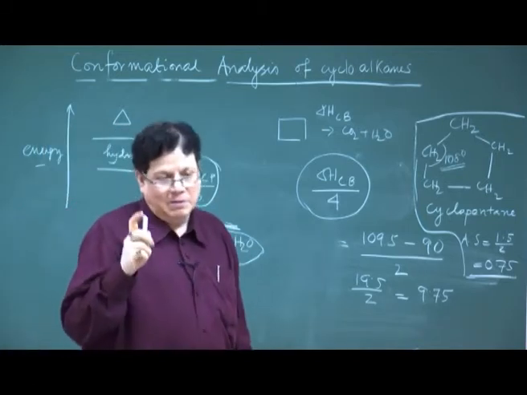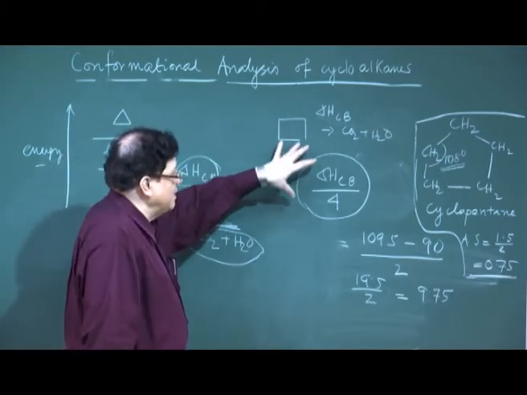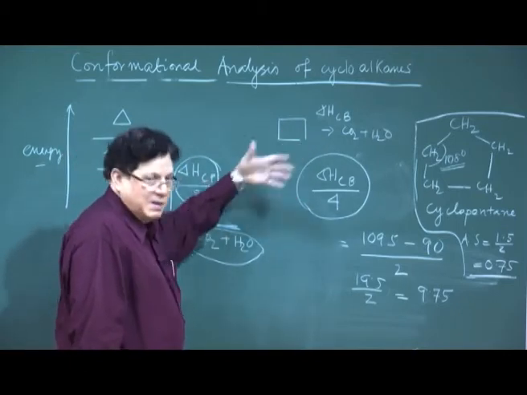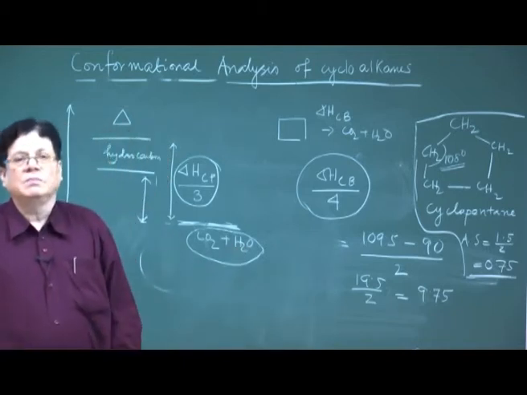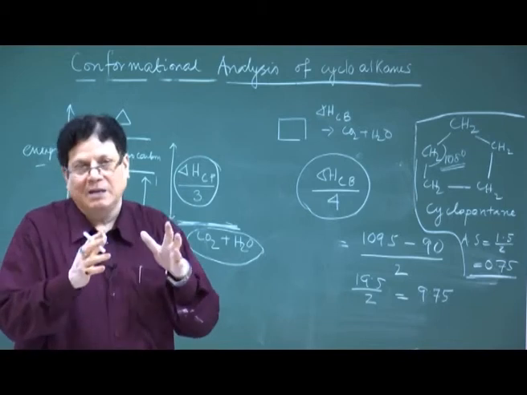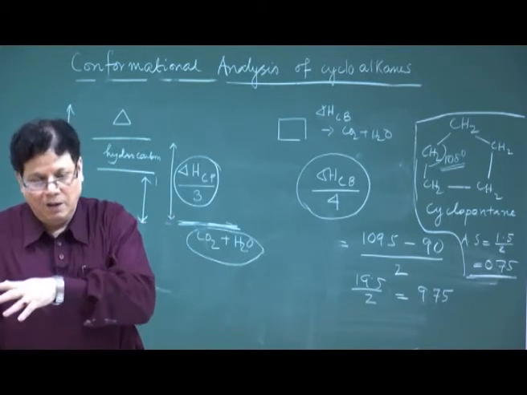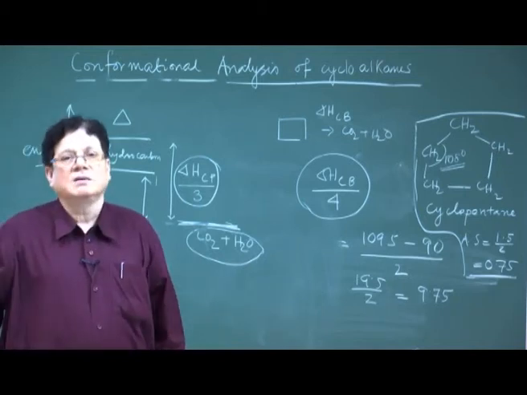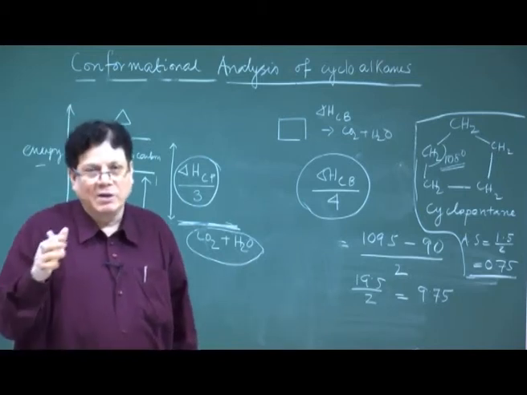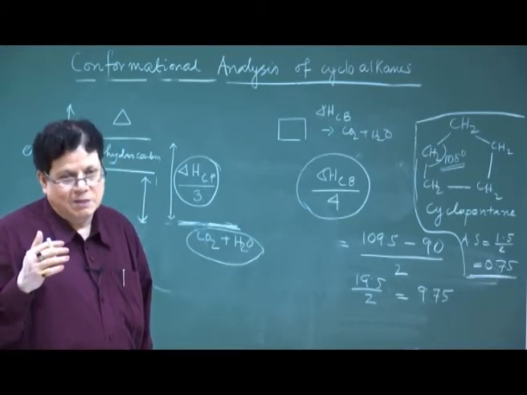Again I repeat, I am comparing the energy that is liberated for each methylene. So, if you compare this heat of combustion per methylene of cyclopropane versus cyclobutane versus cyclopentane versus cyclohexane, that will be a very good way to compare the stability of these systems. Okay.